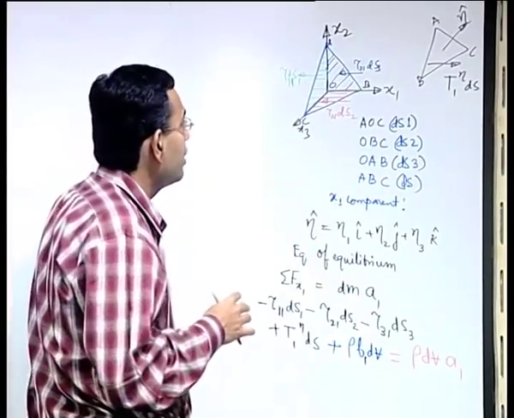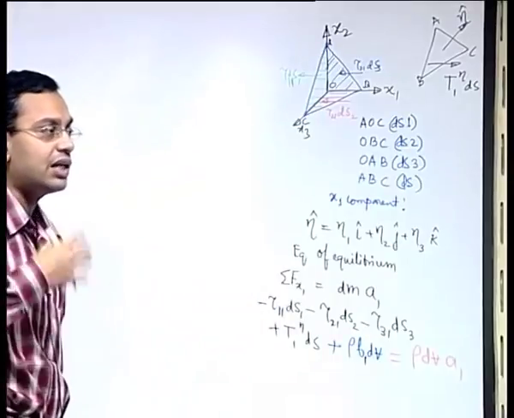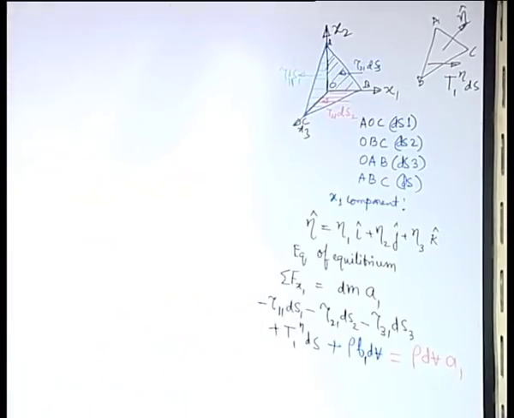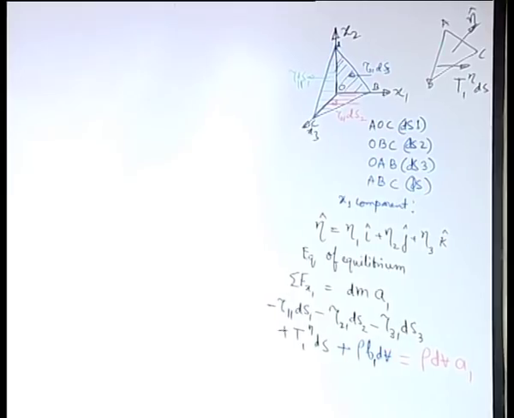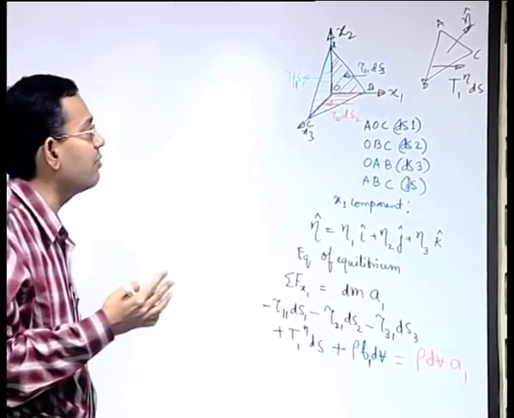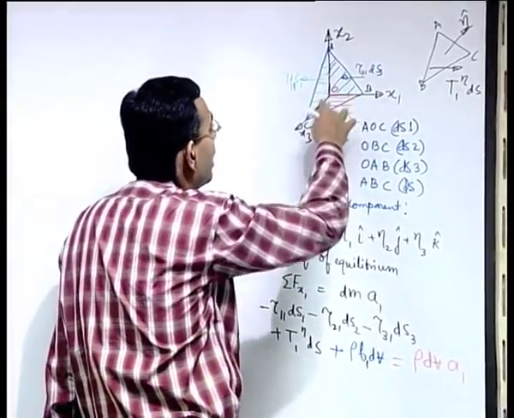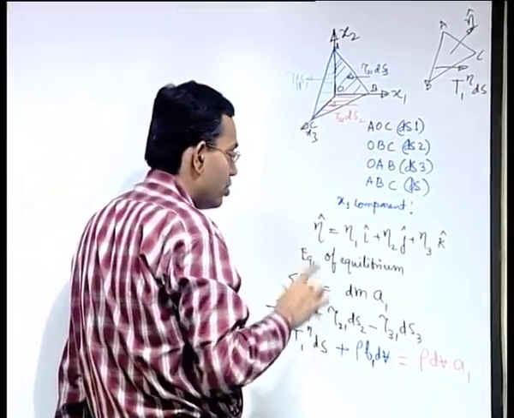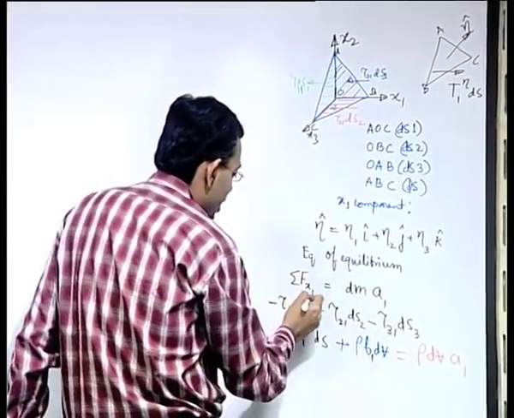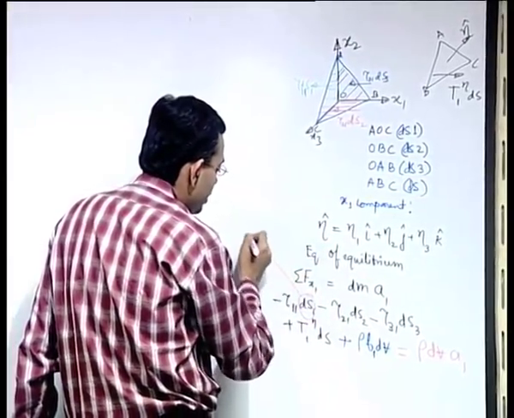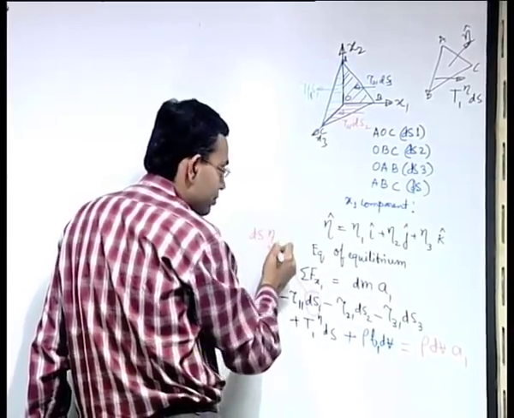So, in terms of an area vector representation, ds1 as an area vector is the projection of ds as an area vector on the x2 x3 plane. So, we can write ds1 is ds times eta 1.